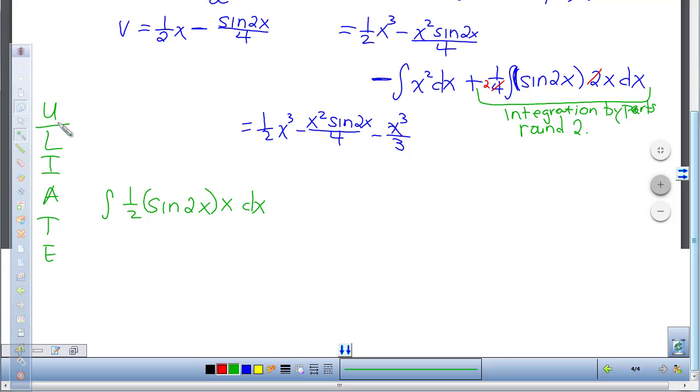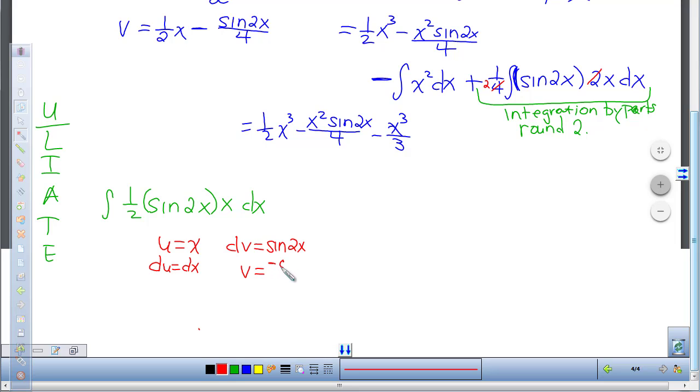Okay, so let's let u equal x. Then of course du is just going to be dx. And then dv is going to be sine 2x. Okay, and so v ends up being what? Okay, very good.